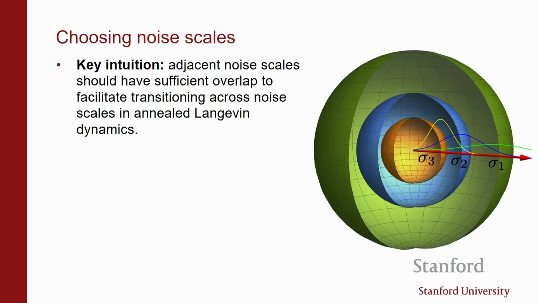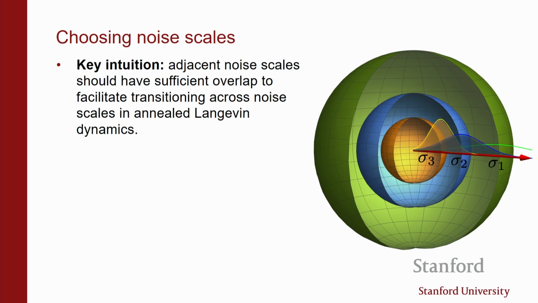If you imagine these spheres, increasing as you increase the amount of noise you add, sigma 1, sigma 2, sigma 3, what you want to make sure is that data plus noise level sigma 2 has sufficient overlap with the data points you expect when you have data plus noise level sigma 3.